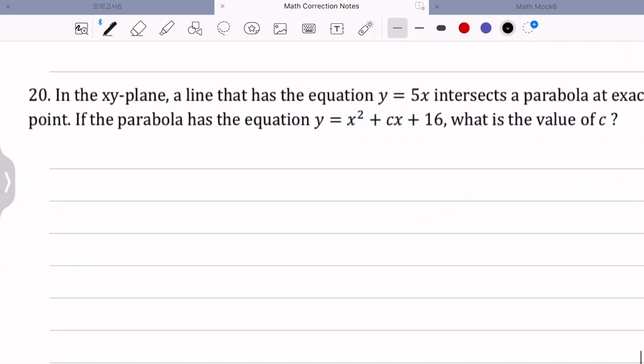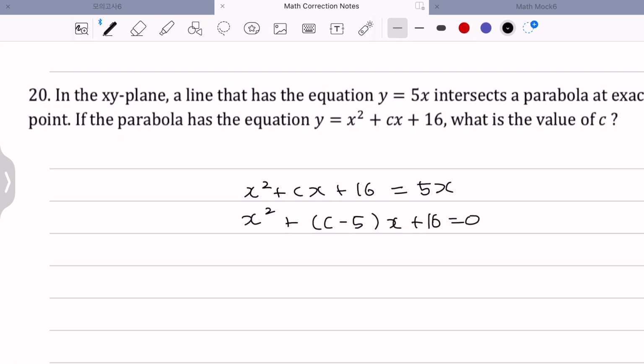Just write down the equations like you usually do when solving two equations, and let's organize it. It will be x squared plus (c minus 5)x plus 16.